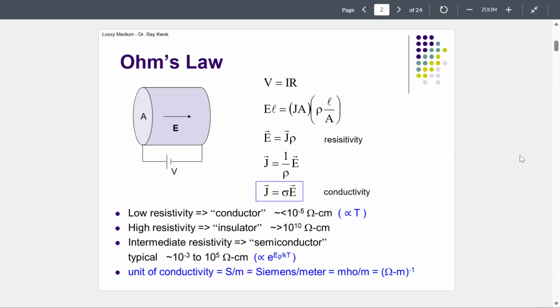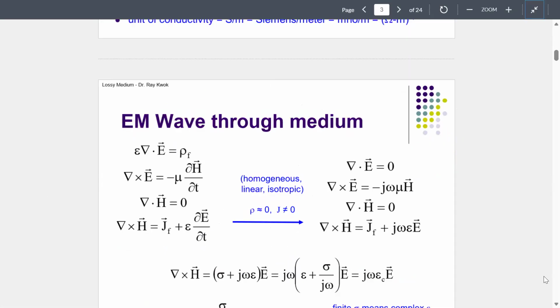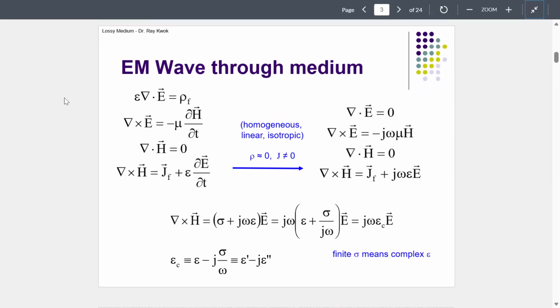For any realistic material, let's go back to our Maxwell equations again, which is basically this, the differential form or the phasor form. It doesn't matter which one you look at. Now we say J cannot be 0, but instead it is proportional to the electric field.